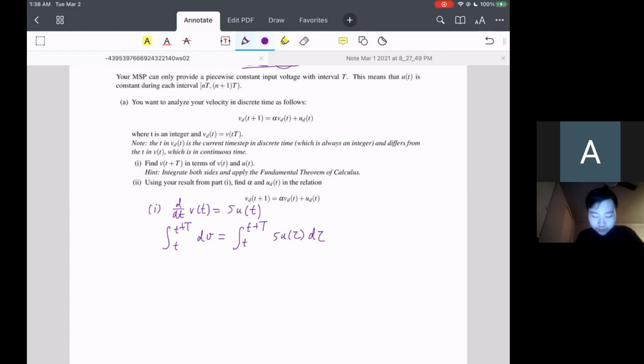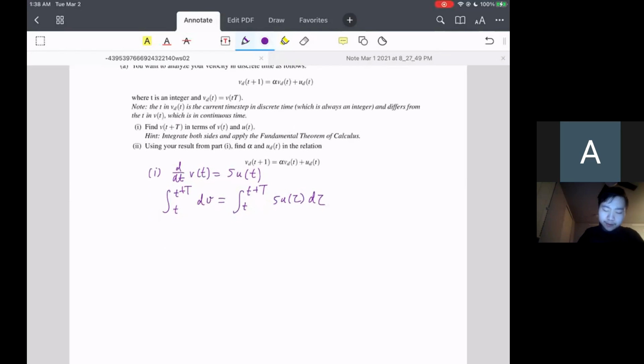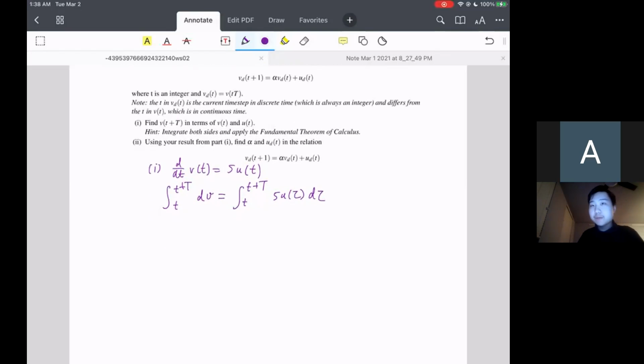All right, so then we just use the fundamental theorem of calculus. Just find the antiderivative of things. We see that the antiderivative of dV is V. So we have V(t+T) minus V(t) being equal to 5 times the integral of U(tau), and since U(tau) is constant between t and t+T by assumption, we see that this is actually equal to 5 U(t) times the integral of d tau.